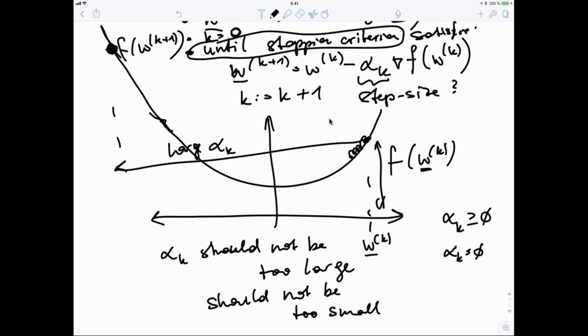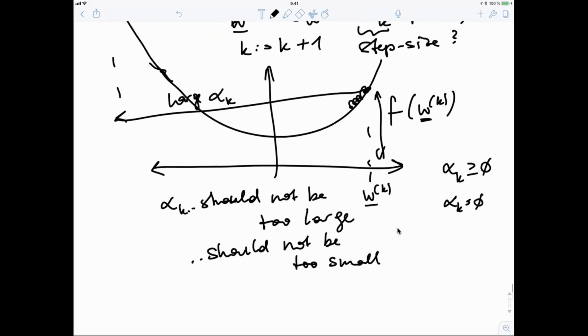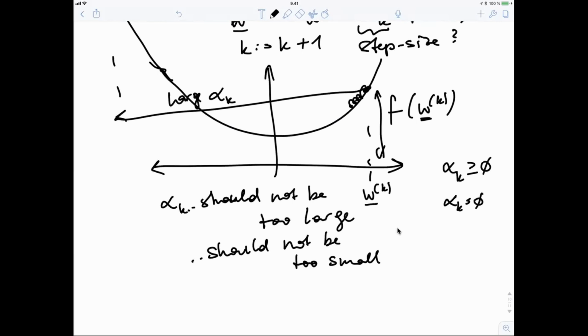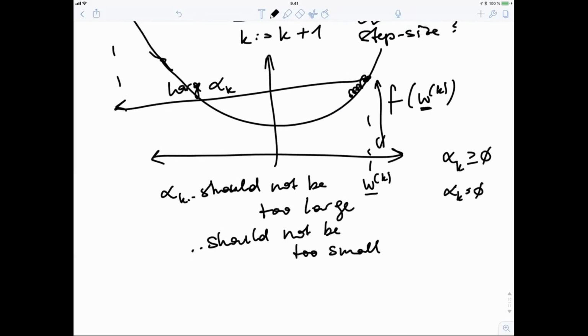Okay. So what would then be a good choice? Well, one possible way would be to make this alpha K decreasing over iterations.